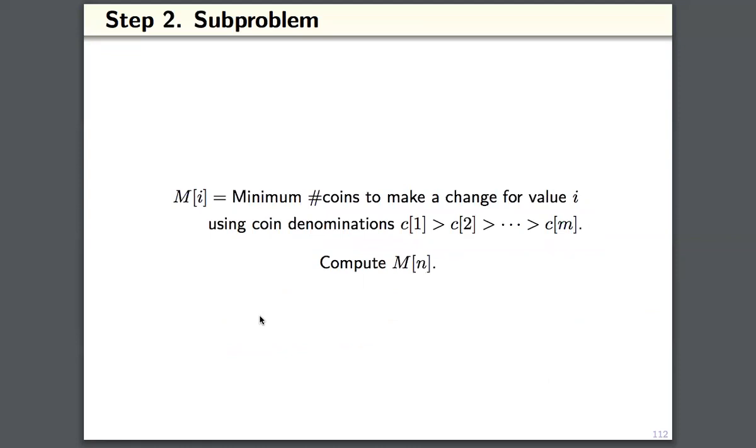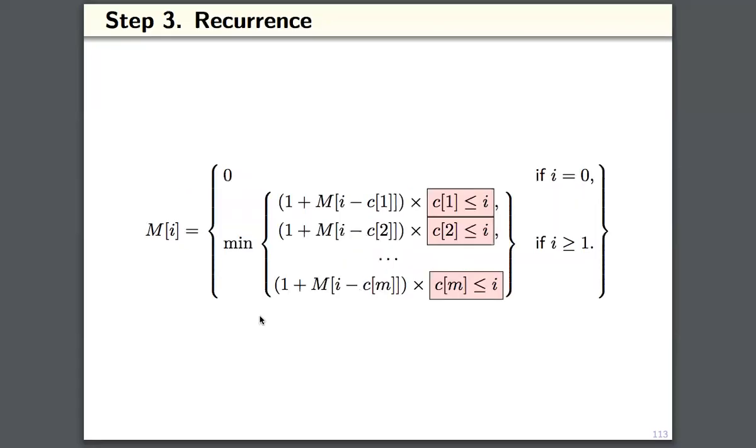Again, I do not have time to cover this in detail, so I'll just give you a one-minute, high-level idea to solve this problem. M of I is the minimum number of coins to make change for value I. So the recurrence will be something like this. You want to make change for I, right? So what can you do?